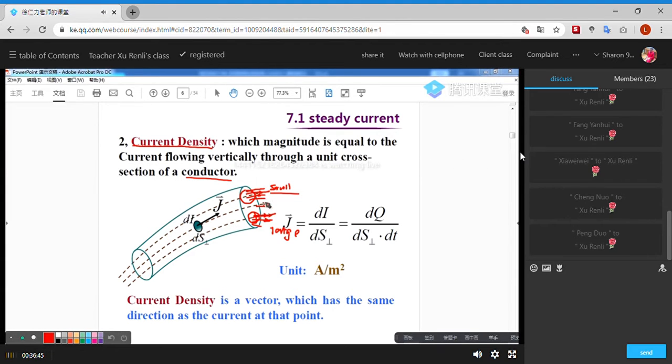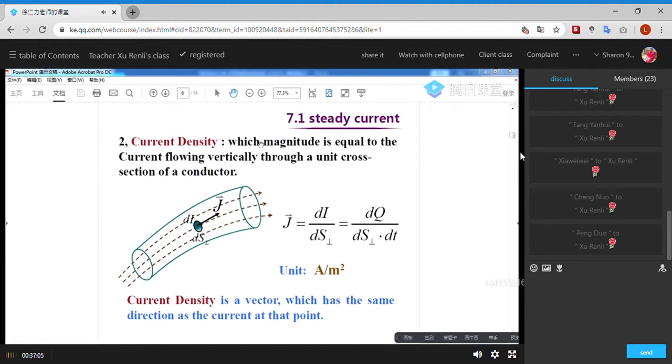In our middle school, we do not study the current density because we were just studying the uniform conductor. But in our reality, most of the conductor is non-uniform. So we need to introduce the current density.